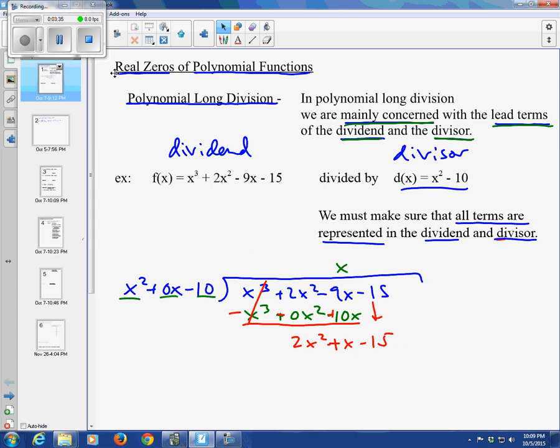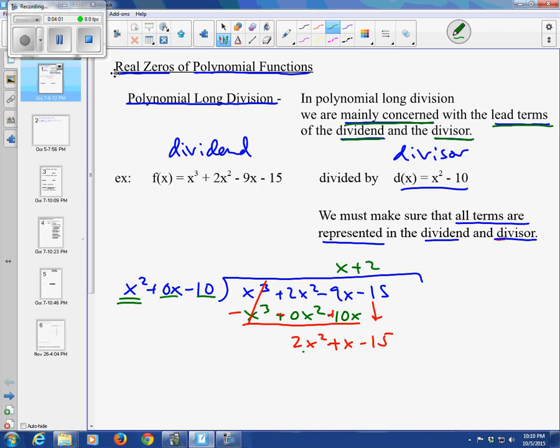Now in the second step, we're basically going to do the exact same thing. We're going to try to cancel out the lead term of the dividend by figuring out what we need to multiply the lead term of the divisor by in order to get that lead term of the dividend, and then we are going to distribute a negative through and get additive inverses. So what do we need to multiply x squared by in order to get 2x squared? That's going to be plus 2.